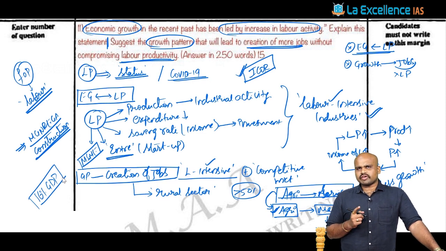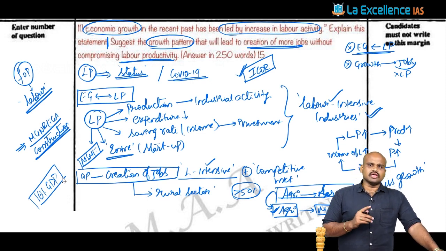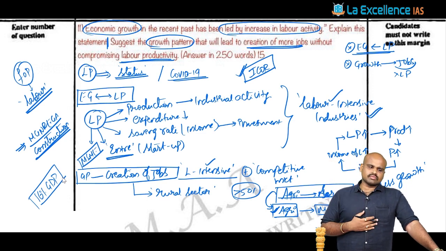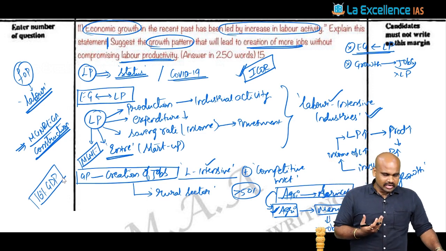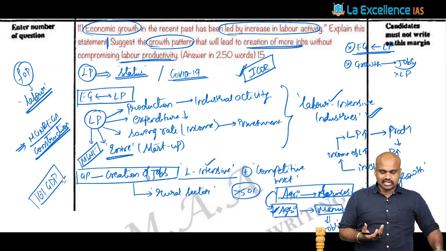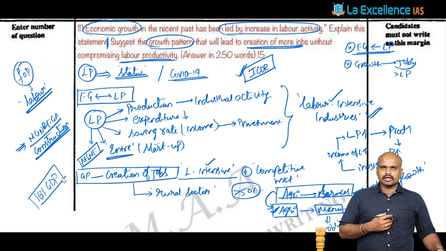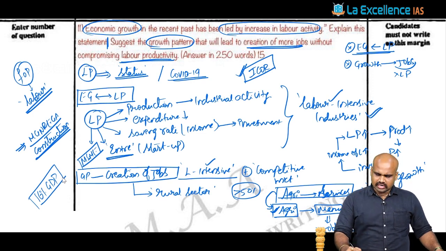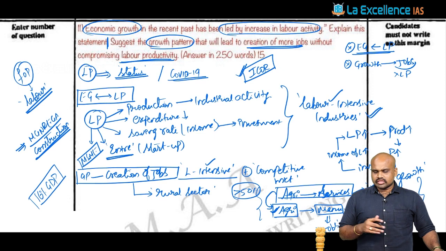Such a manufacturing sector has to be revamped in consideration of the National Manufacturing Policy 2011, which was mentioned. Such a reconsideration has to happen, and such a growth pattern can be followed. That is what they are asking about: this revamping that has to happen in the context of the Indian economy.